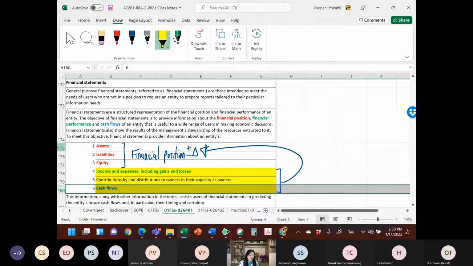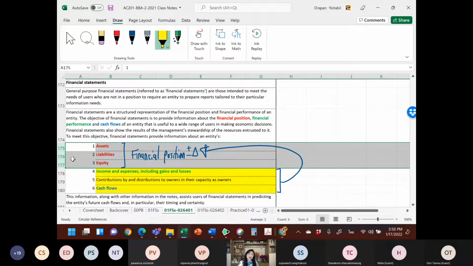Okay. Now, if you look at the three elements here, asset, liability, and equity, they are changing all the time. Some of the transactions may lead to a reduction in the asset. Some of the transactions may lead to an increase in the asset. So when there is a transaction, that would have an impact on the asset balance, liability balance, or the equity balance, right?